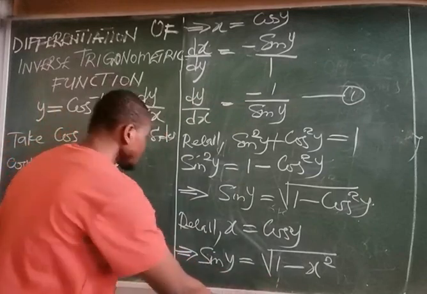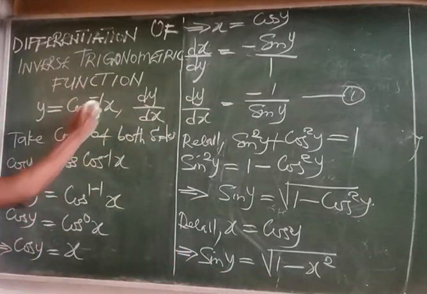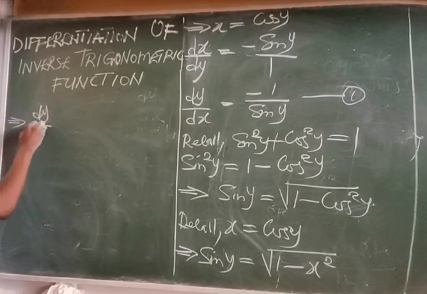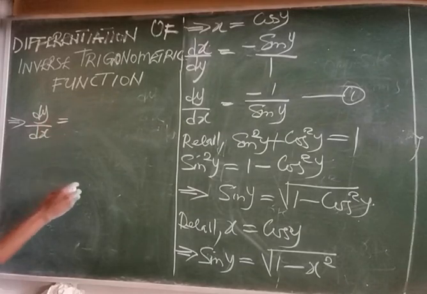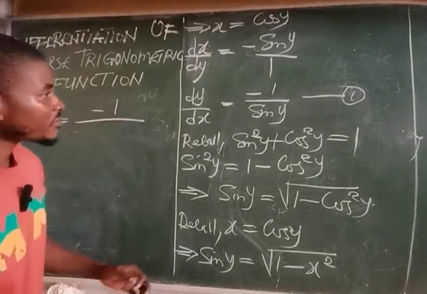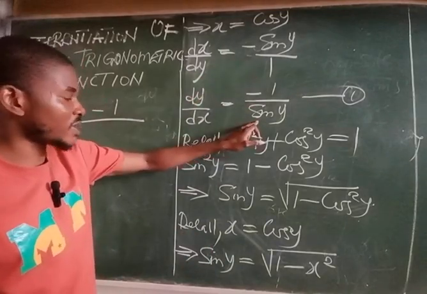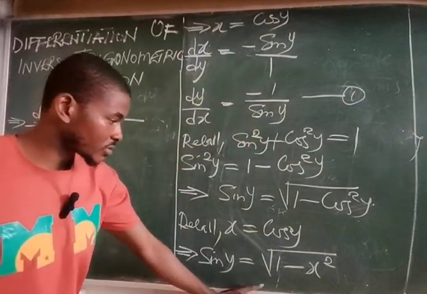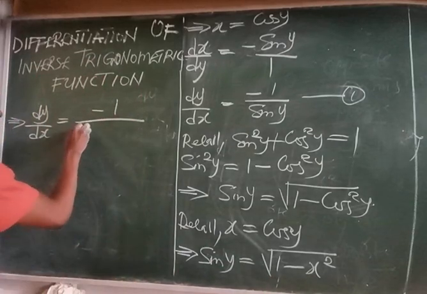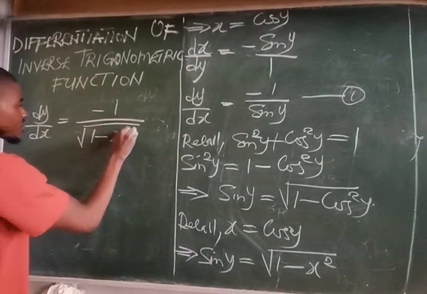All right, so from here this implies that dy over dx is equal to minus 1 all over, so we had minus 1 all over sine y, but sine y is actually the square root of 1 minus x squared. So this is simply the square root of 1 minus x squared.